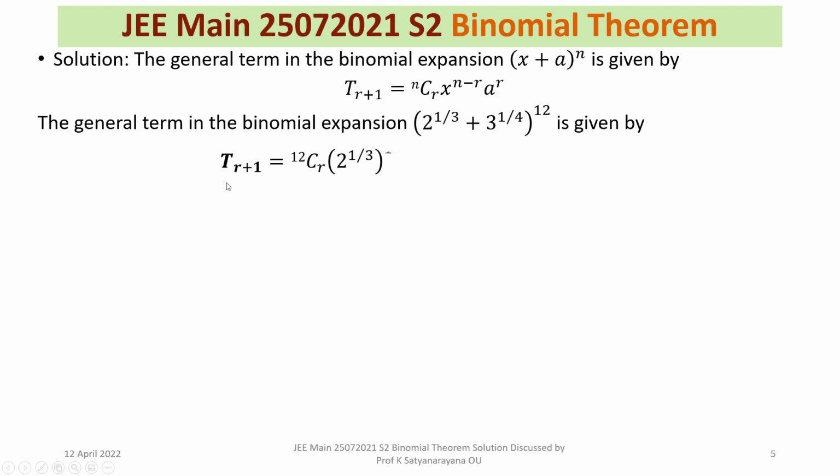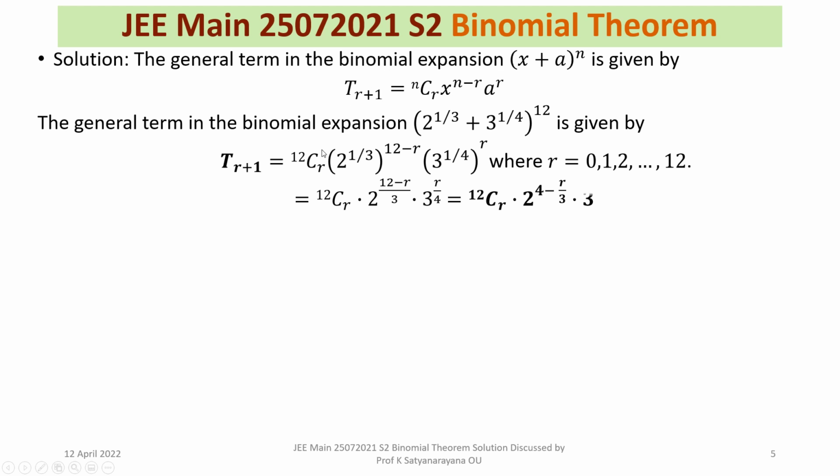We get the (r+1)th term is equal to 12Cr into (2^(1/3))^(12-r) into (3^(1/4))^r, where r takes the values 0, 1, 2, etc. up to 12.